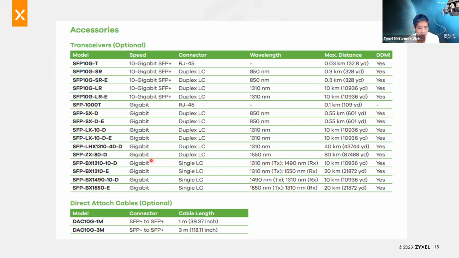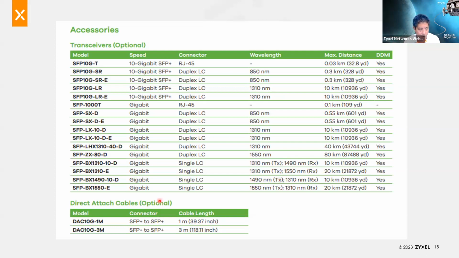So what you need to do is pair that with a 1490-10, where the transmit is now 1490 and the receive is 1310, because it's a communication. One is transmitting at 1310 and one is receiving at 1310. And then the opposite is happening there too, right? So they have to pair together so that they can communicate on a single strand on two different wavelengths.